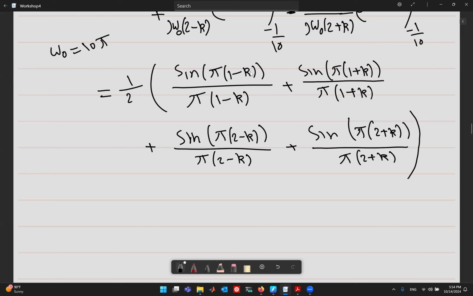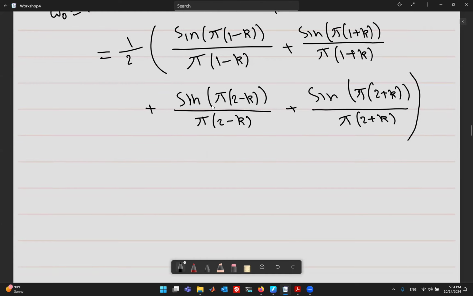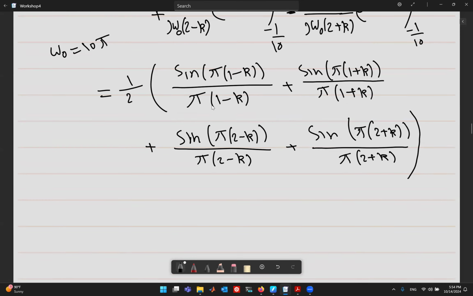And as you know, those are just the sinc functions. Sine pi x divided by pi x is just the sinc function. Right?